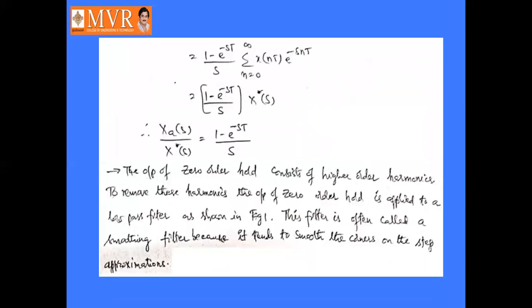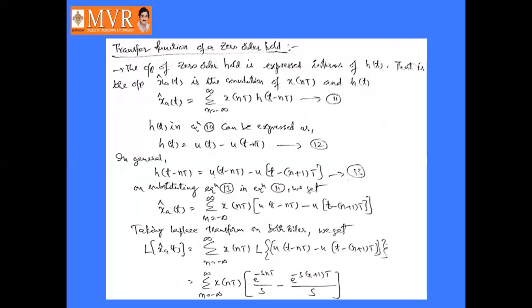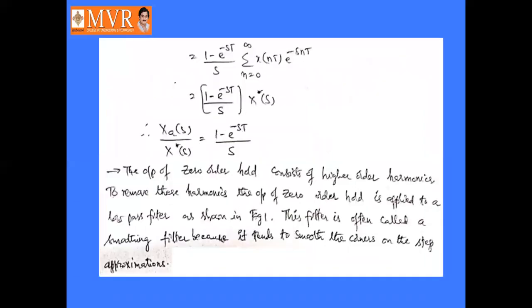Taking (1 minus e power minus sT) by s as common, into the sum over n equal 0 to infinity of x of nT into e power minus s nT.